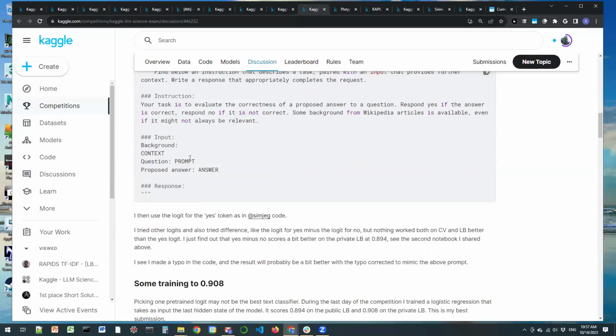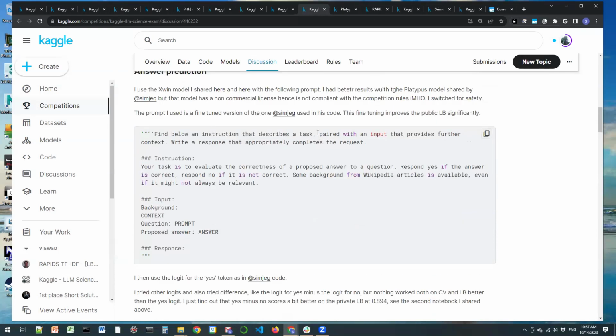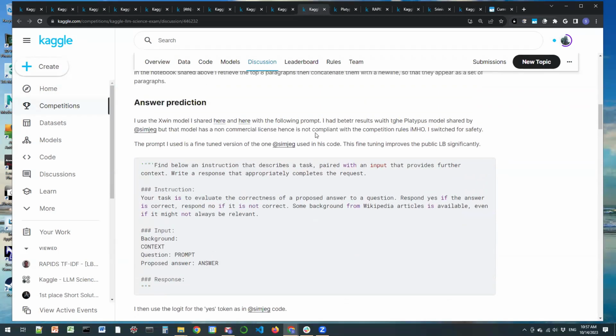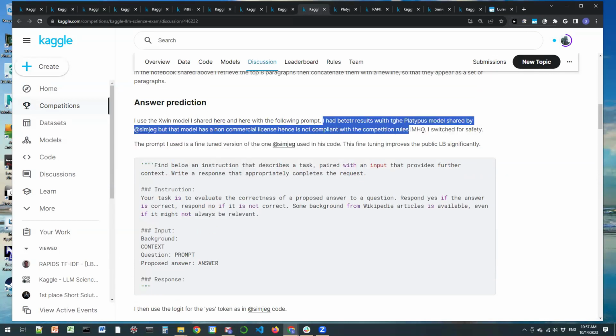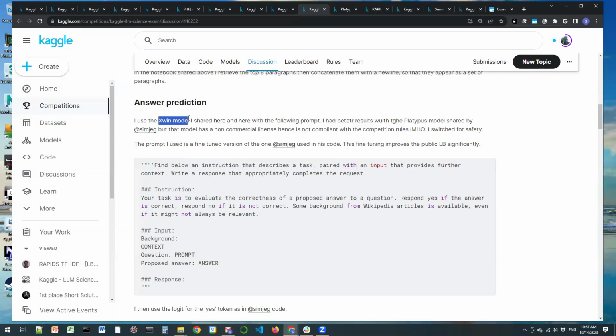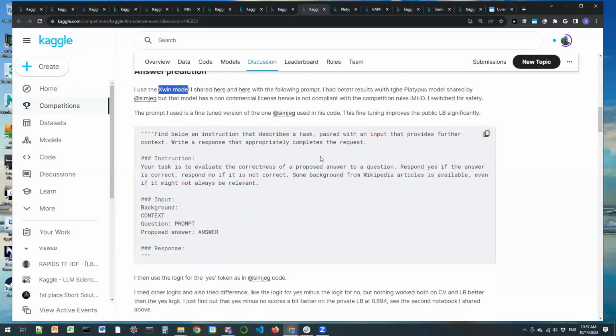Yeah, so he said there about using the platypus one, but I suppose its license wasn't suitable. So that line there at the top. Yeah, so he'd taken some other version of Llama. Yeah, this X-Wing model. Because I'd actually submitted my copy of their platypus model as my second choice.